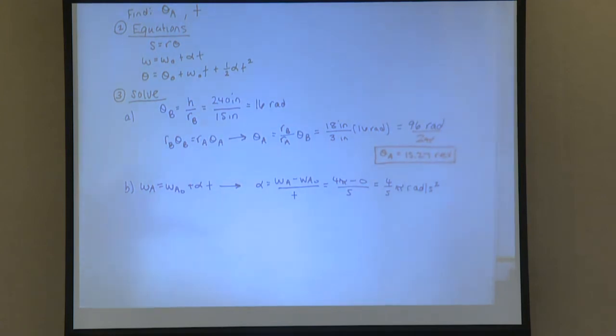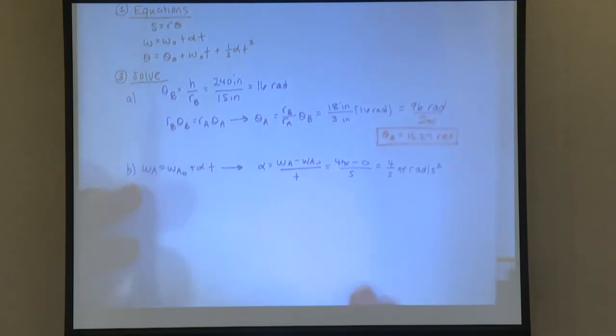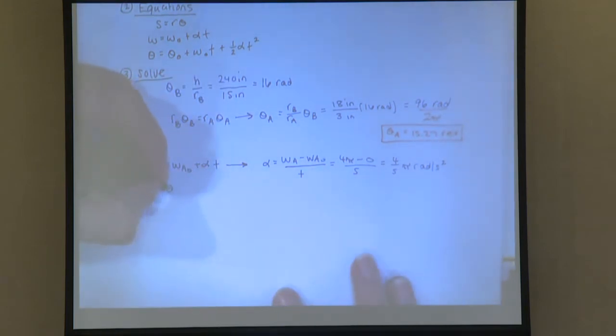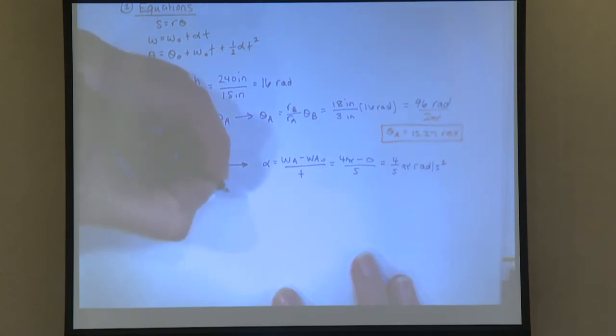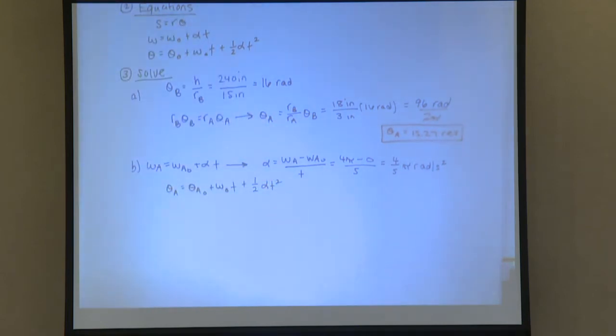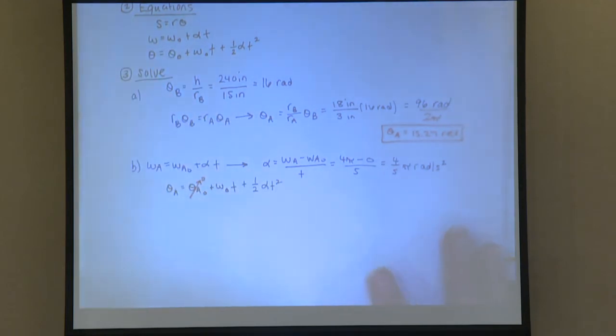So we're going to use the other constant acceleration equation. So we have that theta A is equal to theta A naught plus omega naught t plus 1/2 alpha t squared. So theta A naught, I'm going to say is equal to 0.